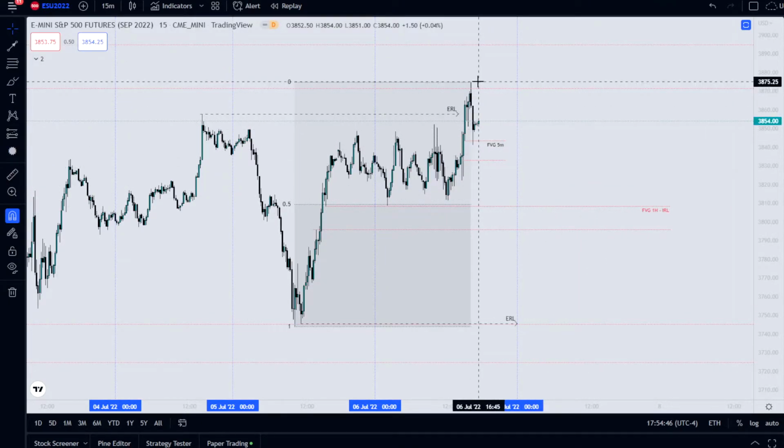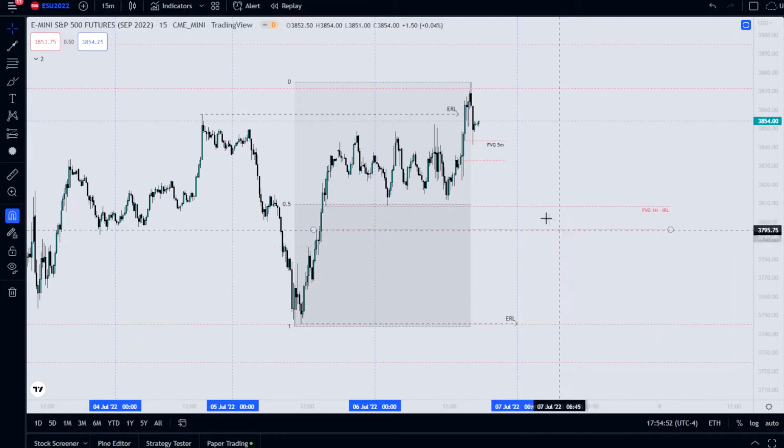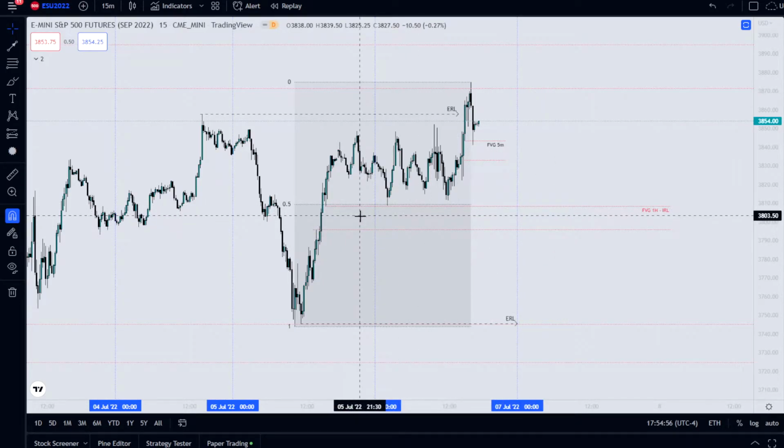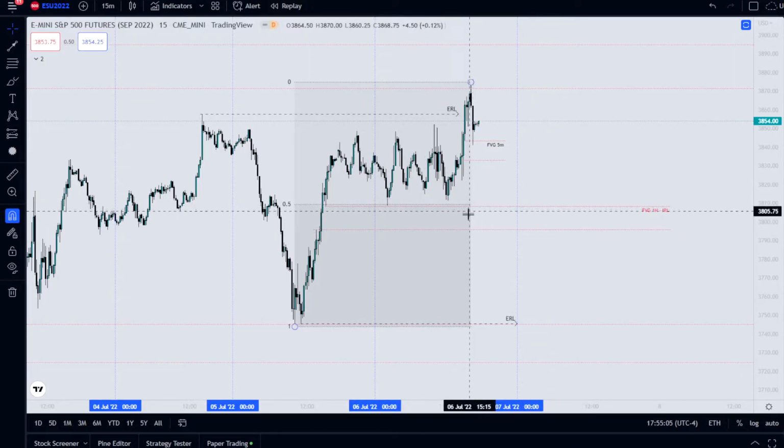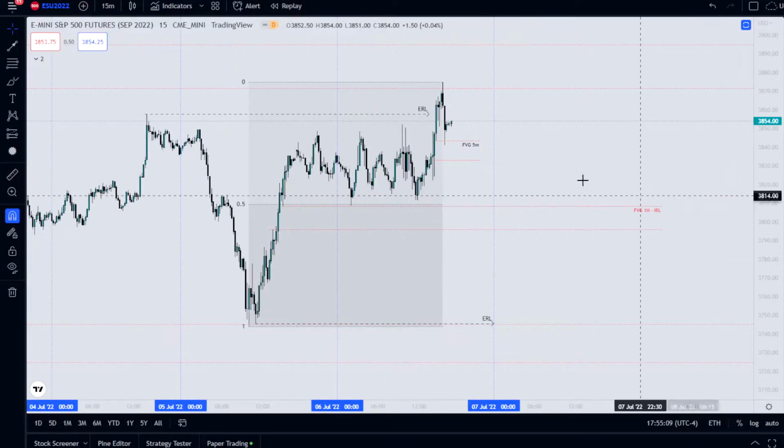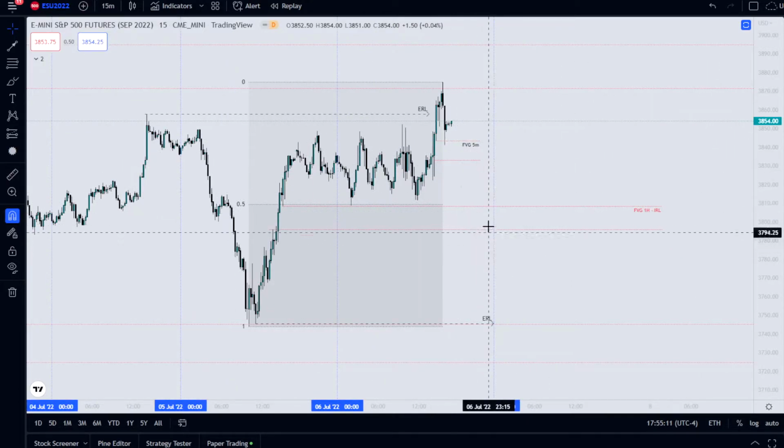Because we've already tapped external range liquidity, now we're very likely to at some point reach back down here. We have a fair value gap on the 1 hour, which is also internal range liquidity marked by relative equal lows. So this is definitely an important area to keep your eye out for, and potentially an area that's going to be raided at some point.